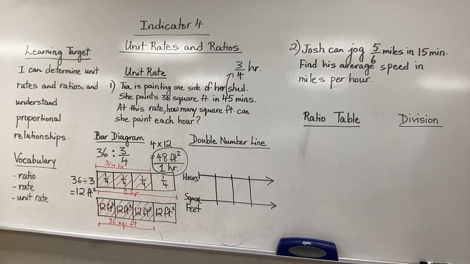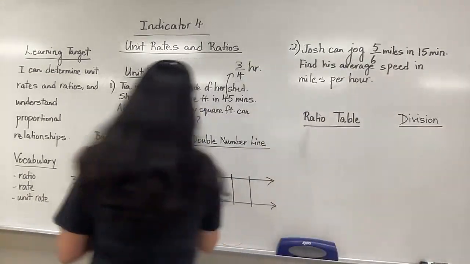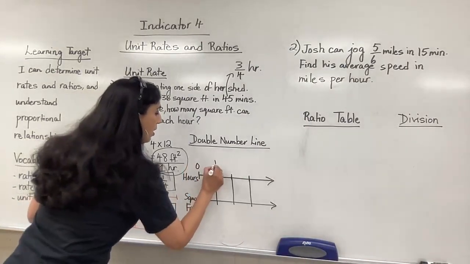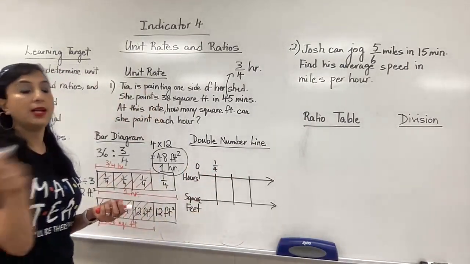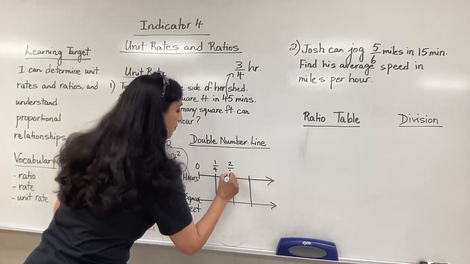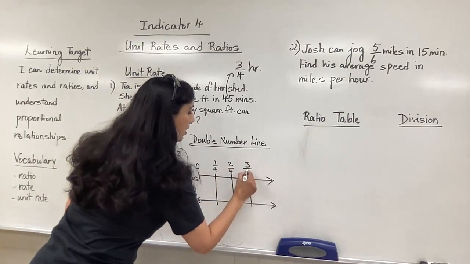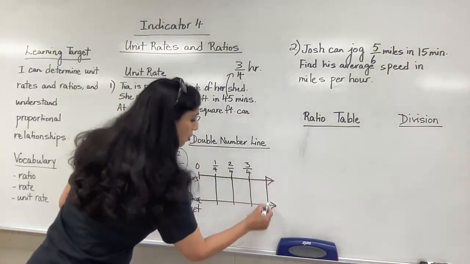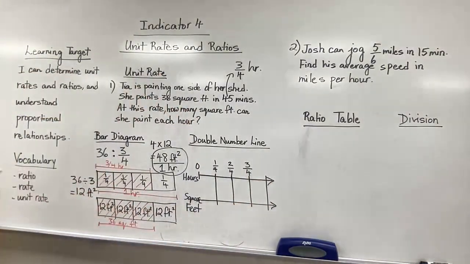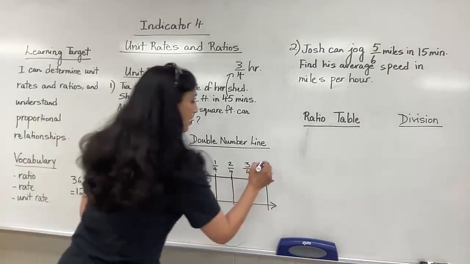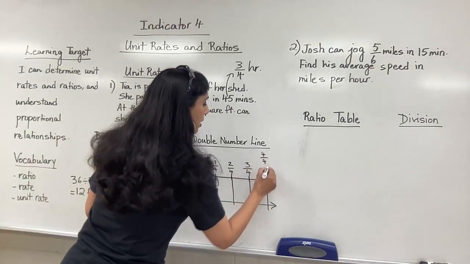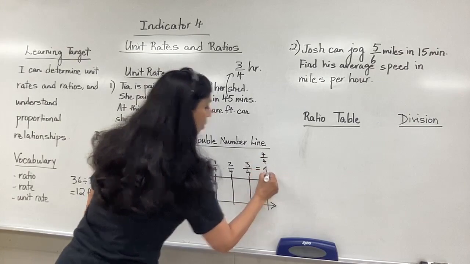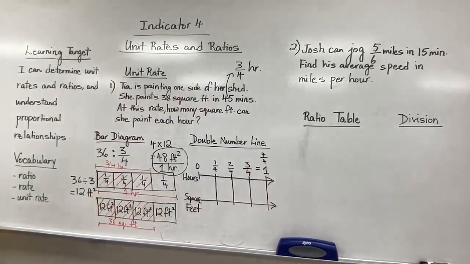So for the hours, if I am trying to mark and label the ratio over here, this is 0, 1/4, right? This is 2/4. This is 3/4. Then I'm going to have one more here, which is 4/4, which is nothing but 1 hour.